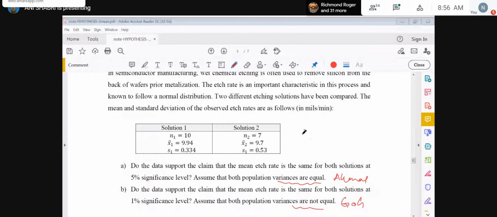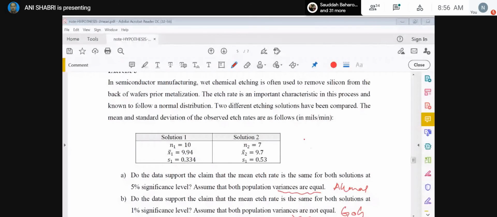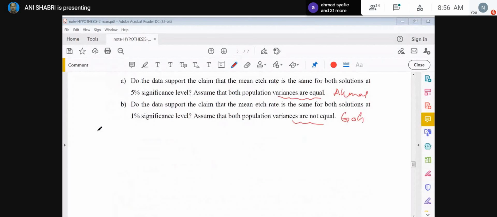Doktor, okay, faham. Kalau itu V ada decimal, round off, bulatkan saja. Oh, okay. Okay, we look at Akmal, already done number A. Okay, the hypothesis is not equal, for this one not equal.